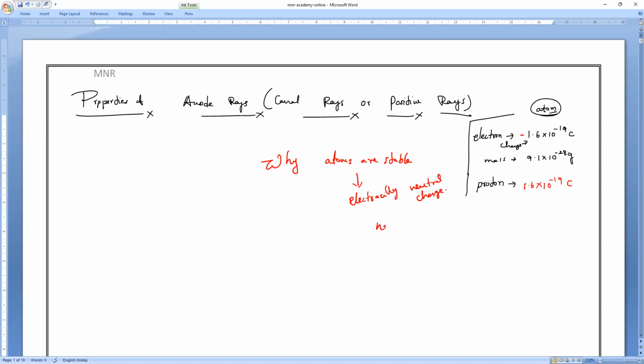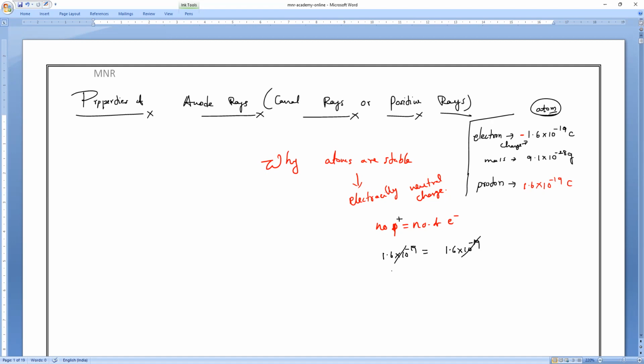Why? The number of protons is equal to the number of electrons. So both charges are the same, correct? Suppose I have a positive charge of 1.6 into 10 power minus 19 and a negative charge of 1.6 into 10 power minus 19. Both will get cancelled.